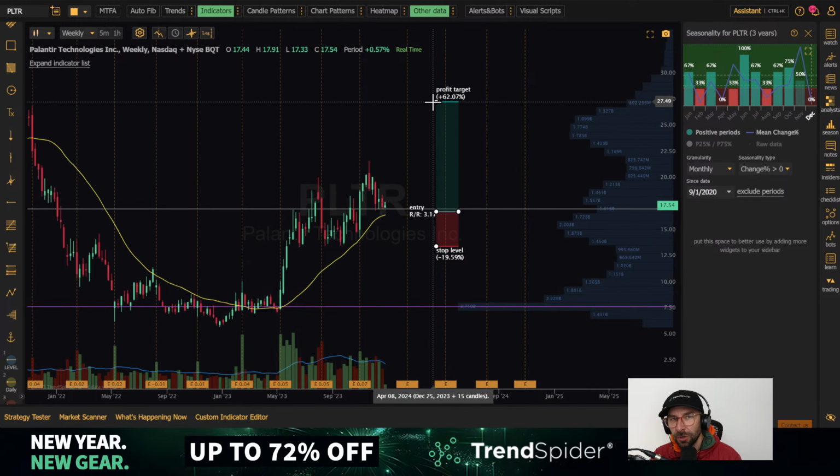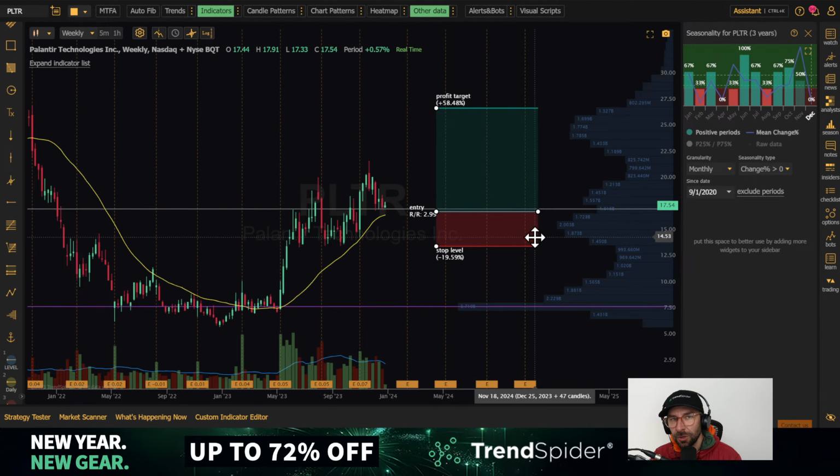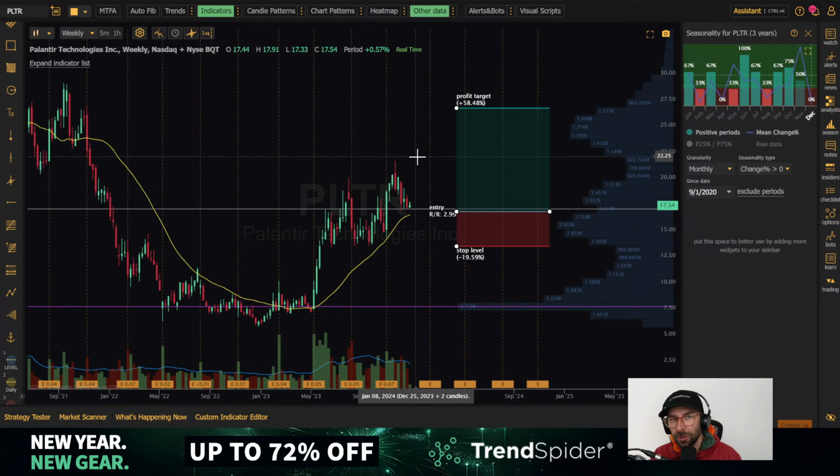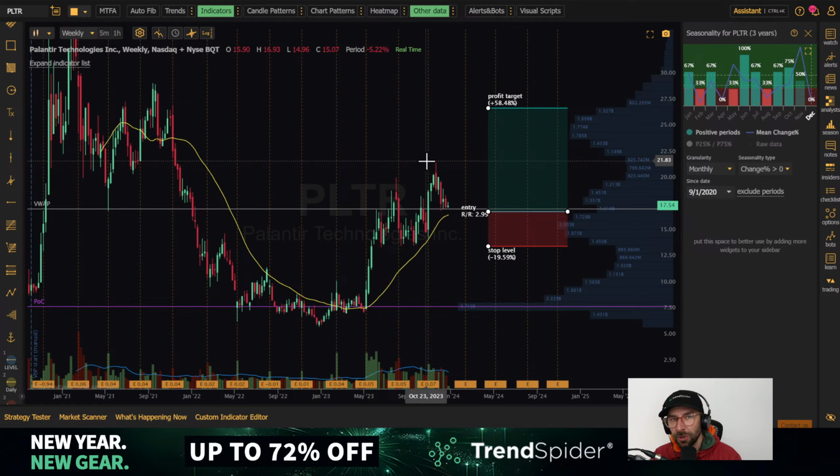I extend the profit target up to where I need it to be in order for my R to make sense for whatever I'm risking. Generally, you're looking for somewhere in the neighborhood of 3R. 3R is a kind of standard R value. It keeps you safe and allows you to lose trades and be okay.